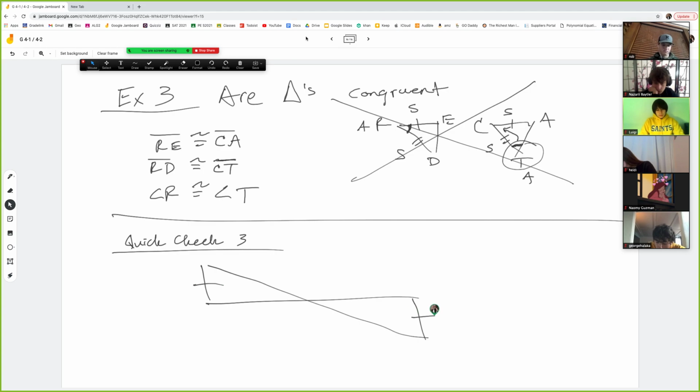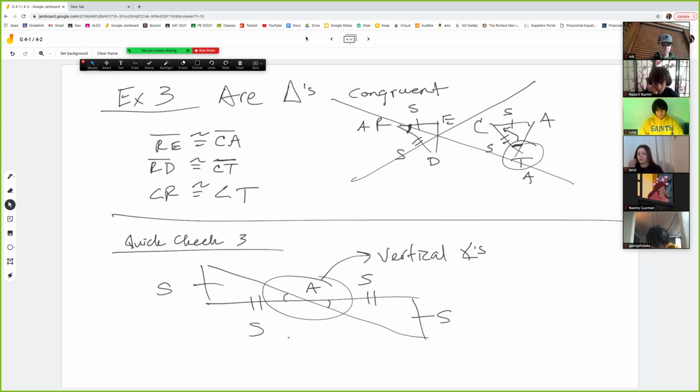You've got side, you've got another side, and we know that these angles are congruent because of vertical angles. Okay? So we have side, side, angle. Side, side, angle. So SSA. Now most likely these triangles will be congruent, but, oh actually I even drew it wrong, sorry.